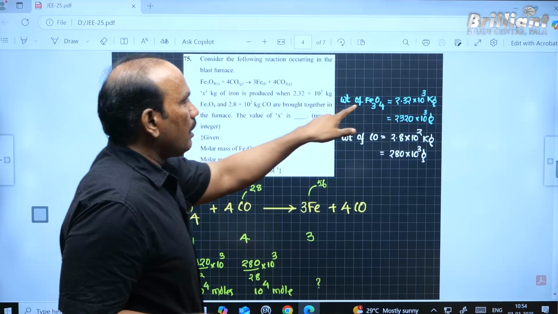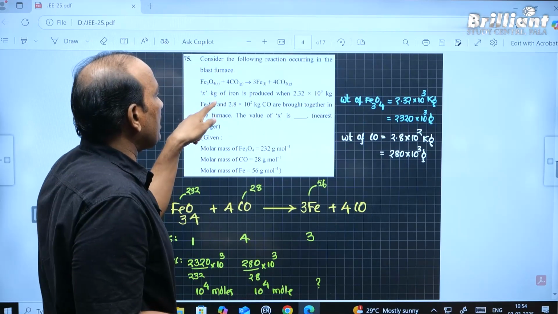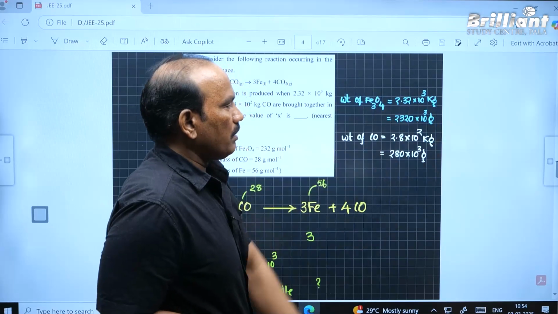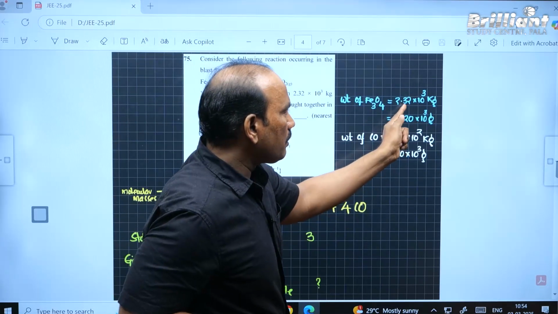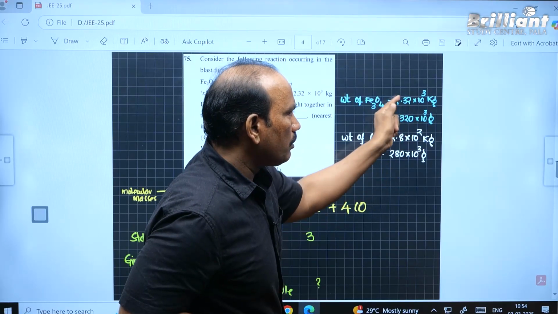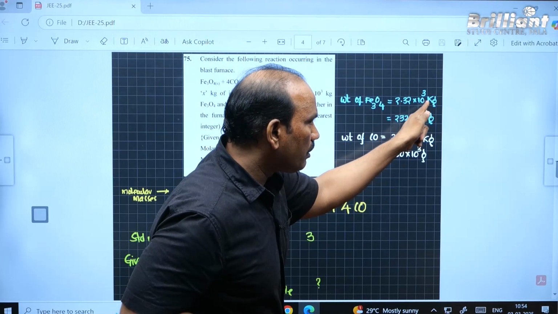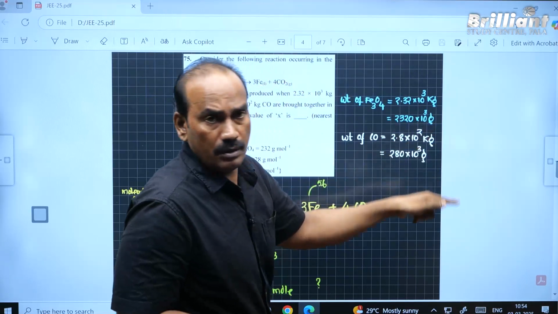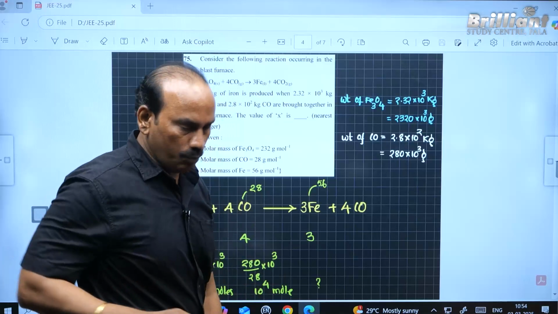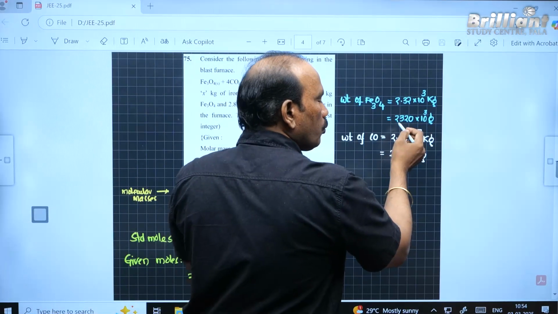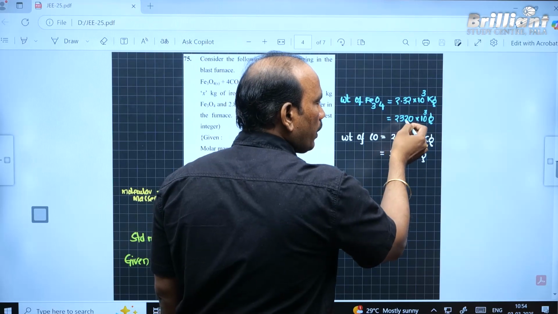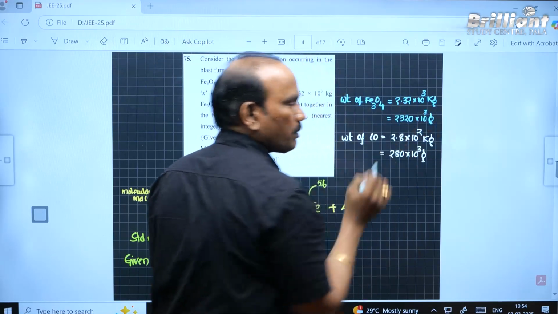Now, the weight of this one is given. What is the weight? 2.32 into 10 power 3 kgs. That means this is multiplied by 1000, as kg changes to grams. 2.32 into 10 cube means 2320 kgs, that means 2320 into 10 power 3 grams.